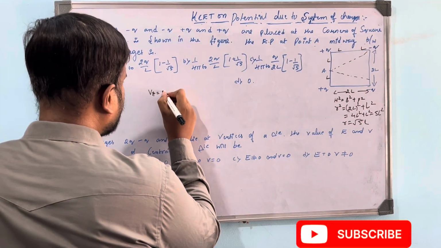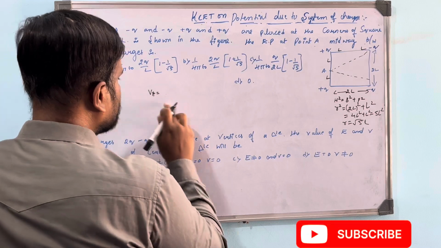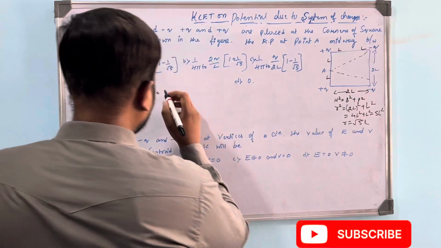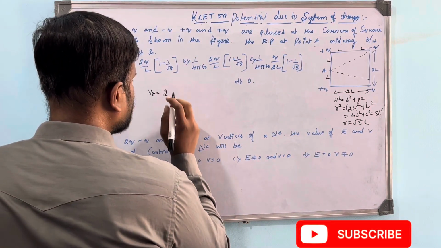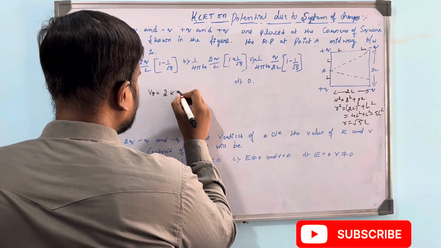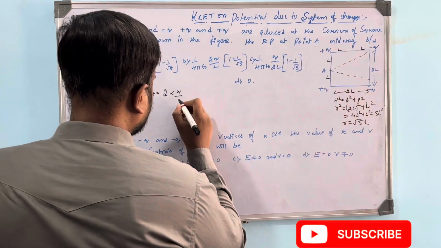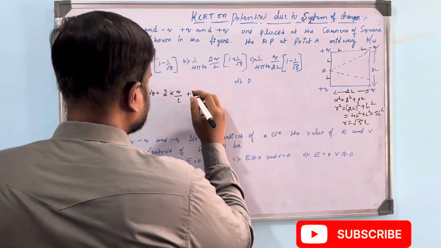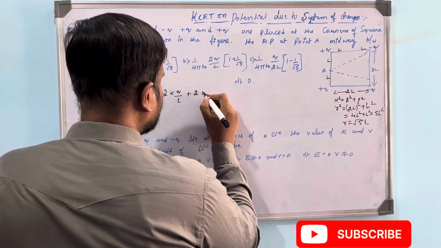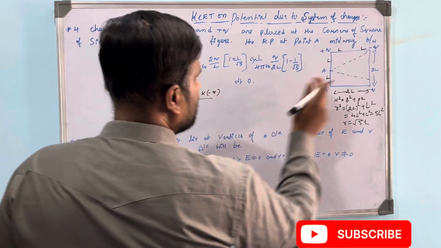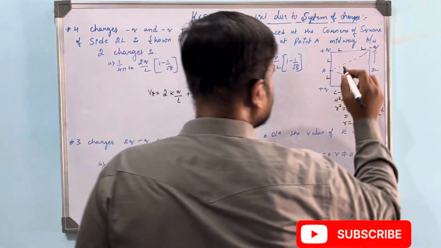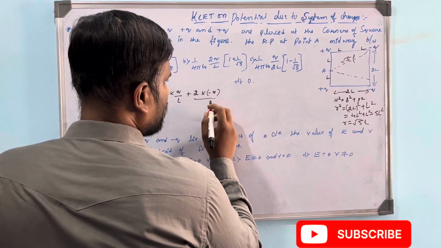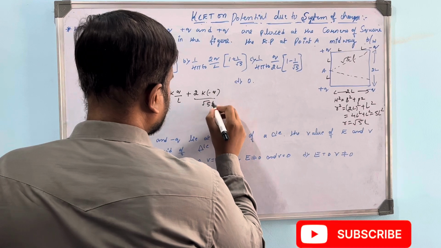I will take 1 by 4 pi epsilon naught as K. Due to the two plus q charges, we have 2 times the potential, so 2 times Kq divided by r, and the r value we have is L. Similarly, due to the two minus q charges, I have 2 times K minus q divided by root 5 L.